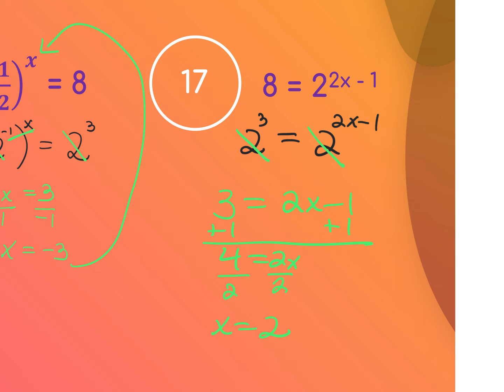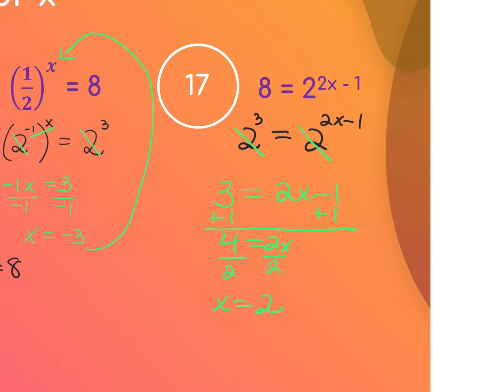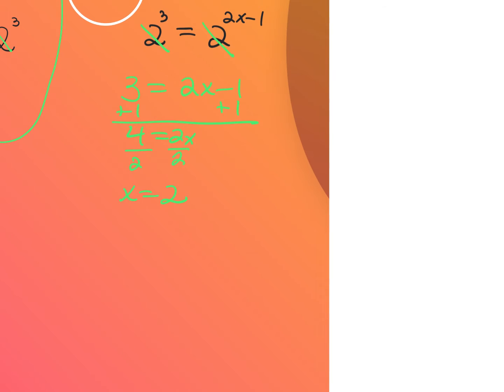Now, all we're going to do is just a bunch of examples. What might be very helpful is if you memorize some of these common exponent equivalents. So, for example, you should already know that 2 squared is 4, 2 to the 3rd is 8, maybe even memorize 2 to the 4th is 16.